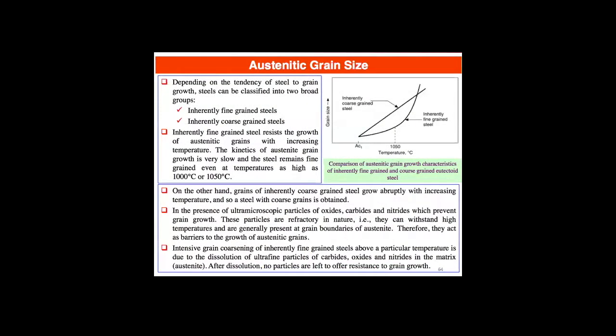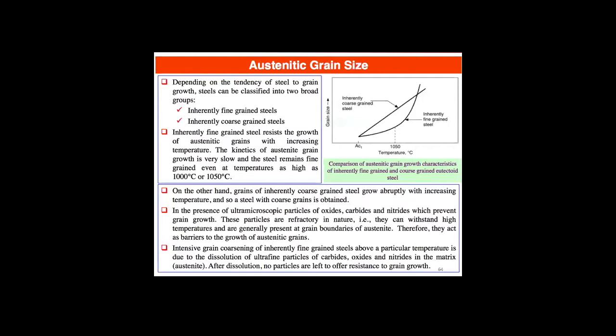Right, and basically, we can divide steels broadly into two classifications. One is inherently fine grain and the other inherently coarse grain in the austenite state, and the primary difference is the same as in aluminum, right? If we have an alloy system with lots of oxide, carbide, or nitride formers in it, then we can get a fine dispersion of these secondary phase particles, which will then pin the grain growth, right?